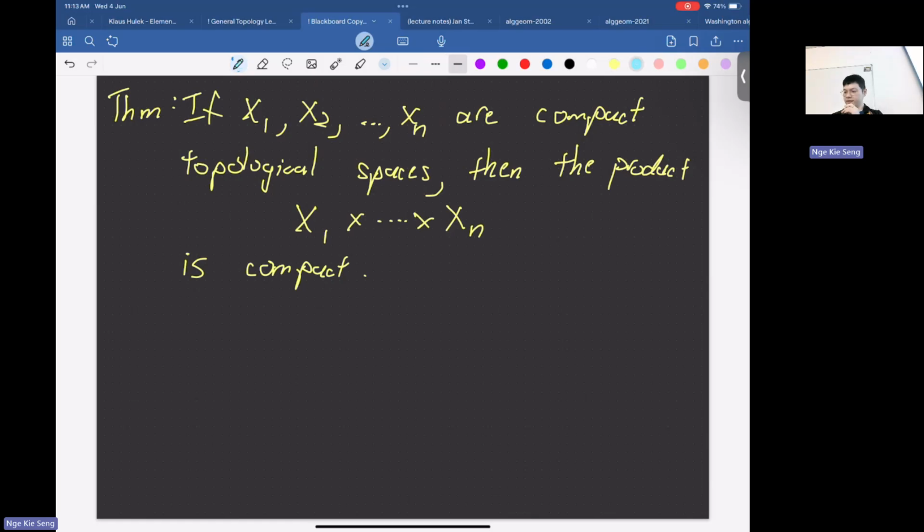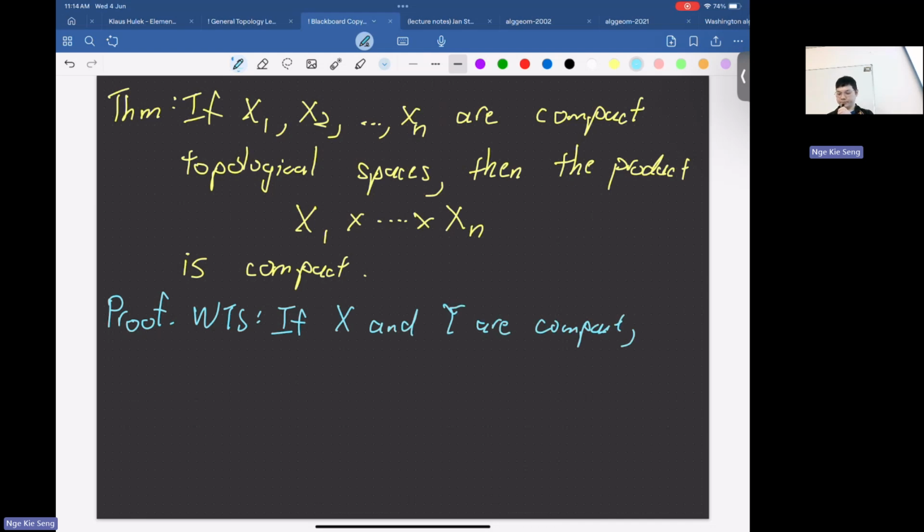Since this is true for all n, actually we should do induction. So let's just consider why it is true when n is 2. If X and Y are compact, then X cross Y is compact.